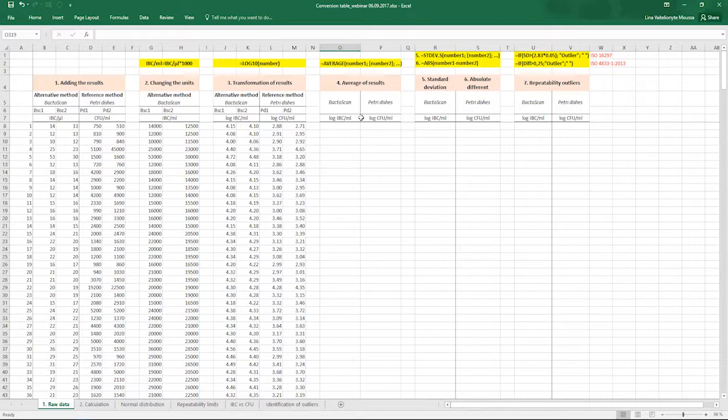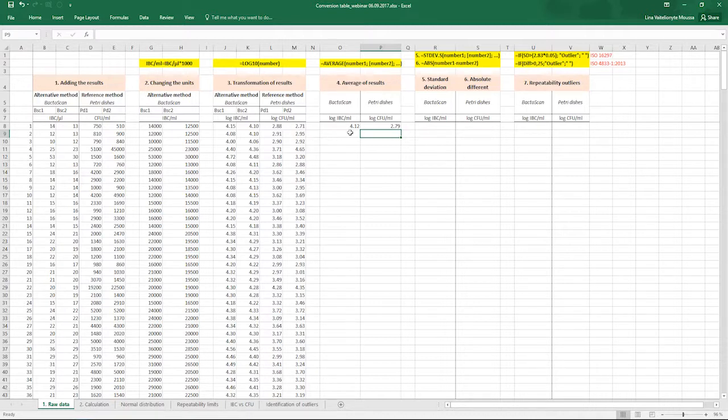To calculate a mean value for the first sample from BactoScan, type average and choose the two data, first replicate and second replicate, from the first sample BactoScan logarithmic IBC per milliliter. The same you do with data from Petri dishes: average, choosing first replicate and second replicate logarithmic CFU per milliliter.